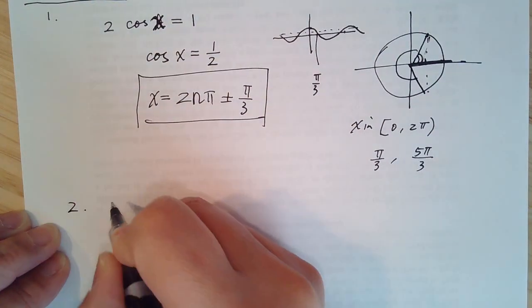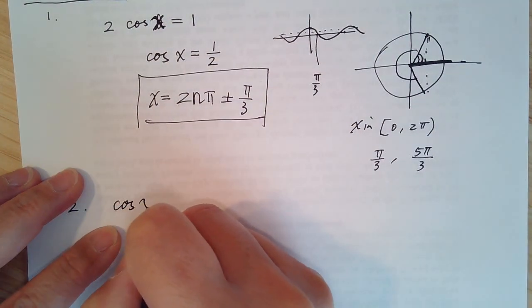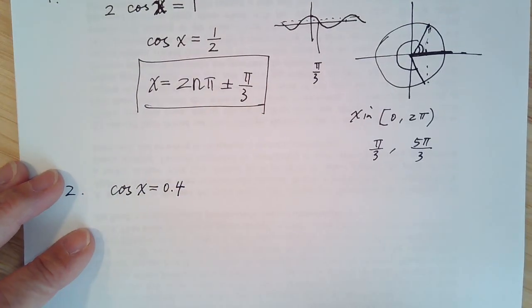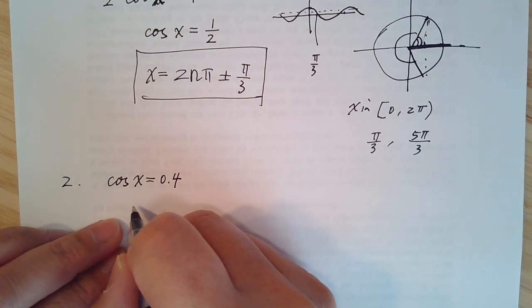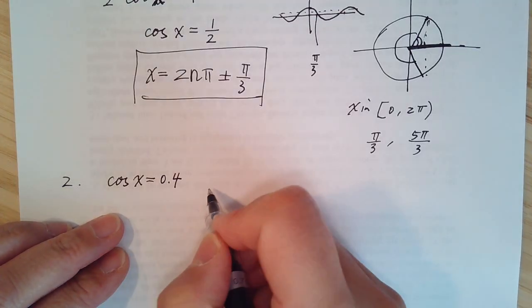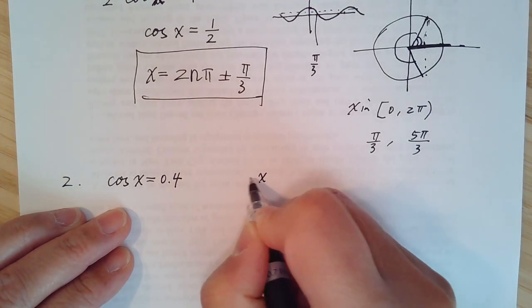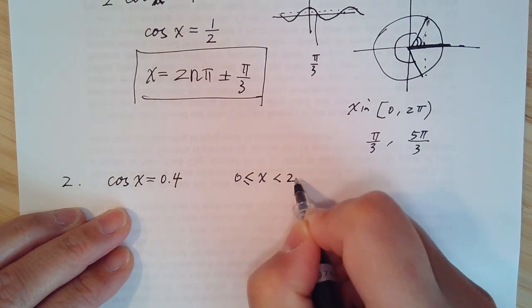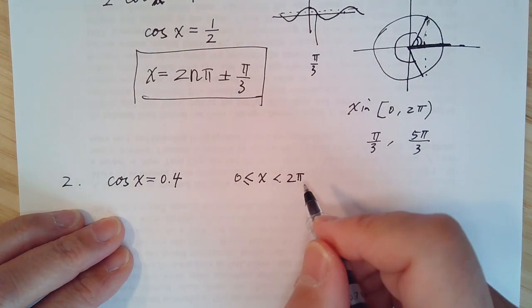Okay, next one, cosine x equals 0.4. Well, we're not familiar with the 0.4. So x is between 0 and 2 pi, so that means just within one circle.